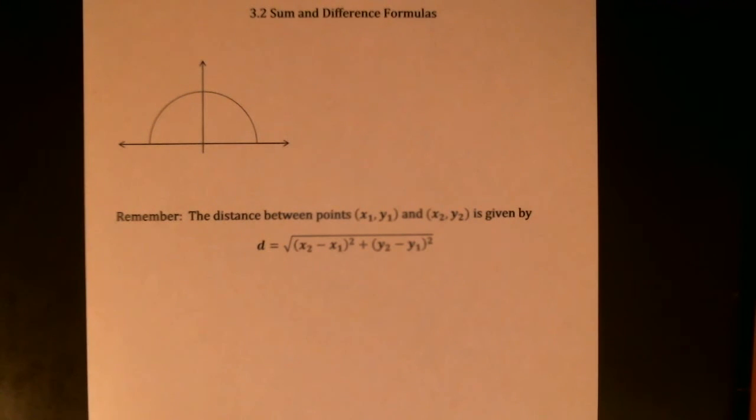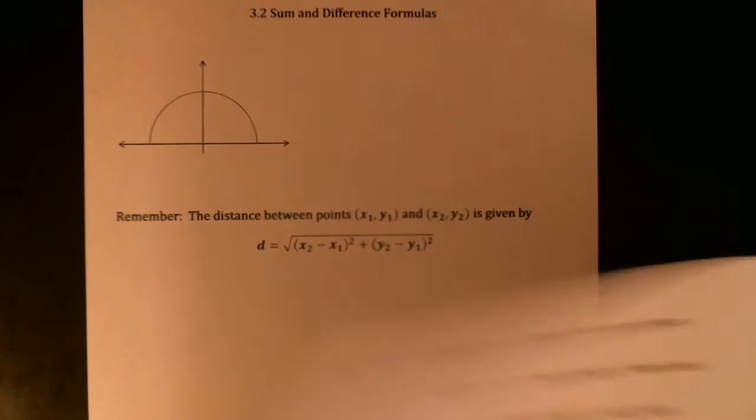There are formulas that tell you how to split up the cosine or sine or tangent of the sum or difference of two angles, and how to rewrite the cosine or sine or tangent of 2 times a known angle. They just allow us a little bit more flexibility in dealing with the mess involved with trig functions.